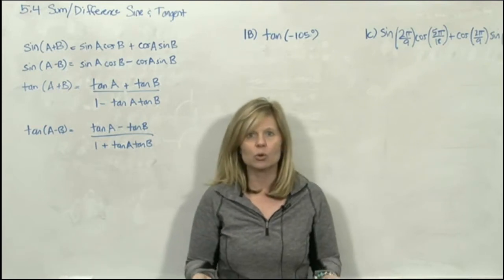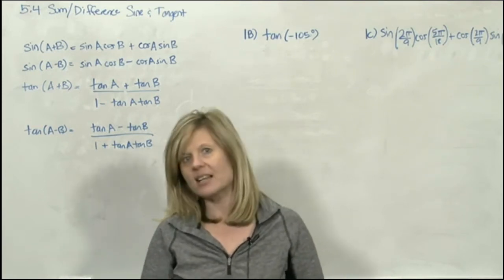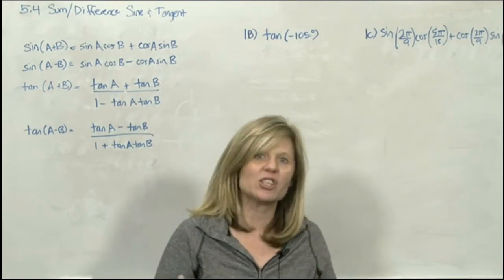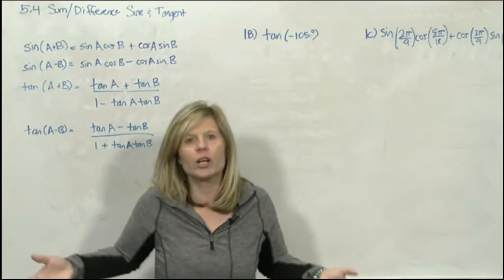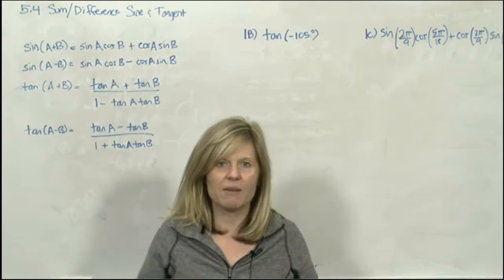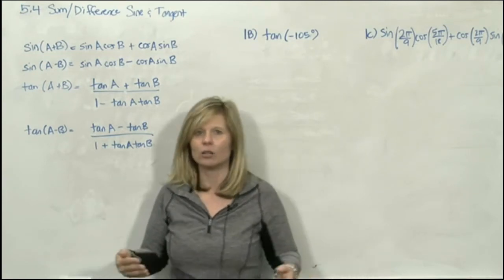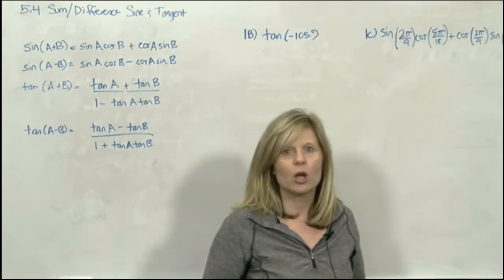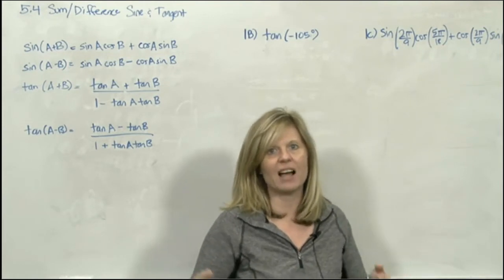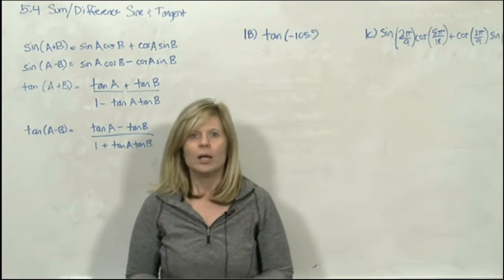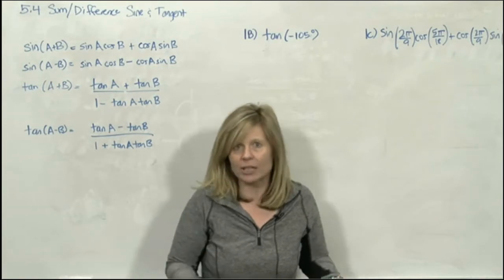So when I was in school, if I asked you to look up the sine of 75 degrees or the tangent of 75 degrees, you couldn't go to the unit circle. 75 degrees is not a quadrantal angle. You couldn't go to the triangles because the triangles didn't have a 75-degree angle on them. And we didn't have access to calculators.